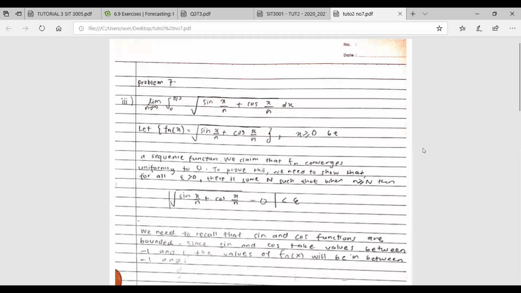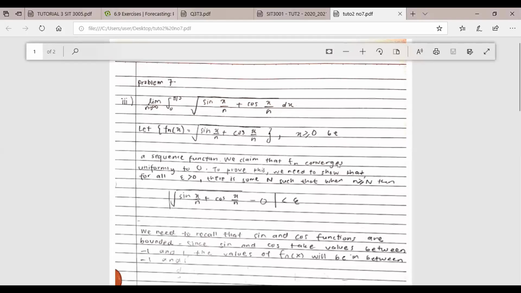Yeah. Okay, so the question is to prove the limit as n approaches infinity of the integral from 0 to pi over 2 of the square root of sine x over n plus cos x over n dx. So I let f_n(x) equal the square root of sine x over n plus cos x over n, for x greater than 0, be a sequence of functions.